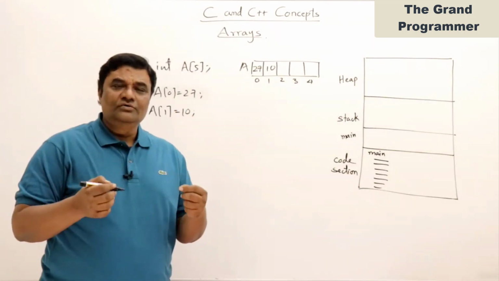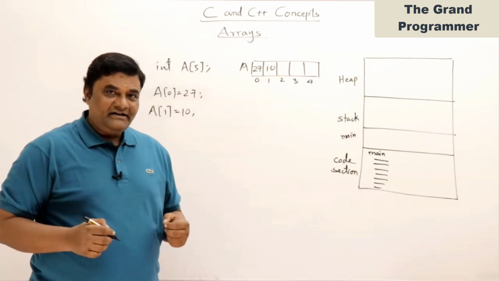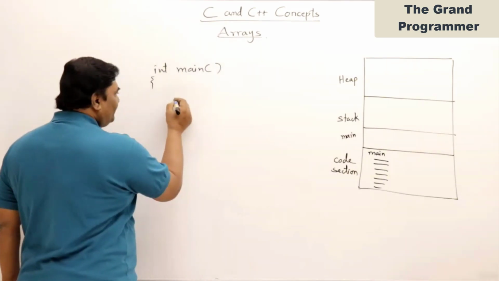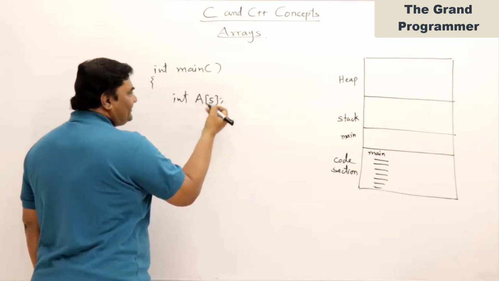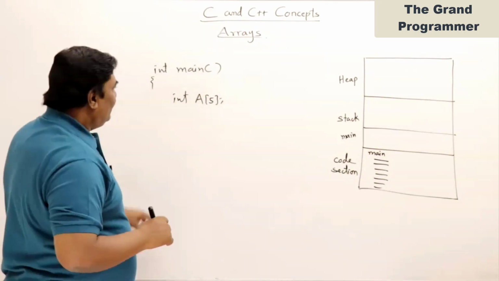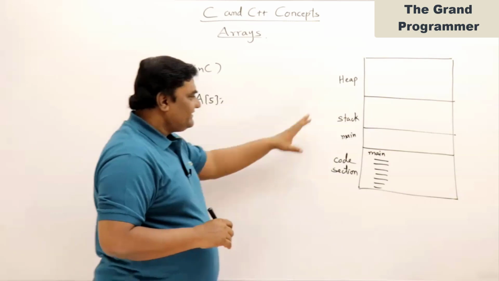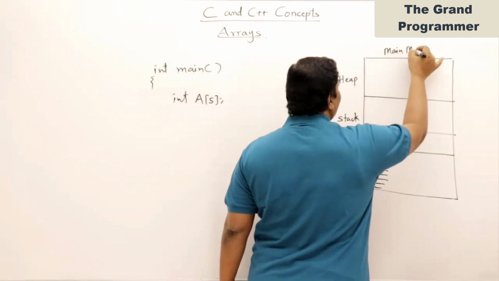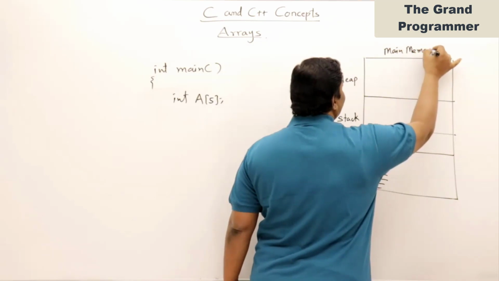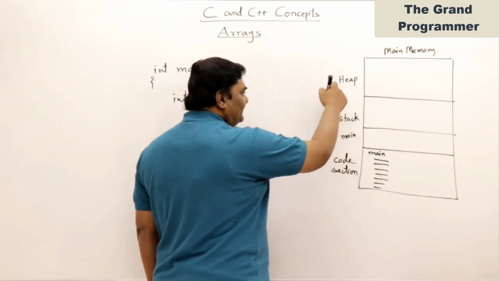Now I will show you how to declare and initialize an array. I will write the main function. In this, suppose I want to declare an array A of size 5, so an array of size 5 will be created. When the program is running, it runs inside the main memory. The main memory is divided into 3 sections: code section, stack and heap.